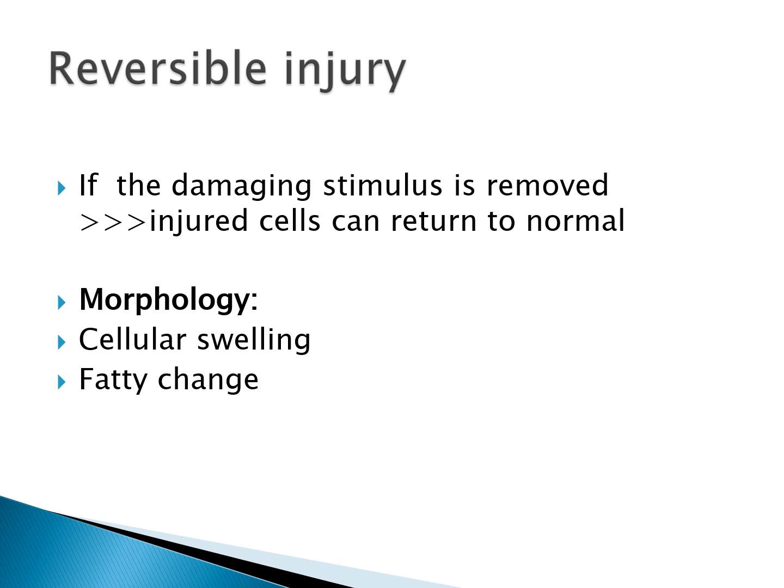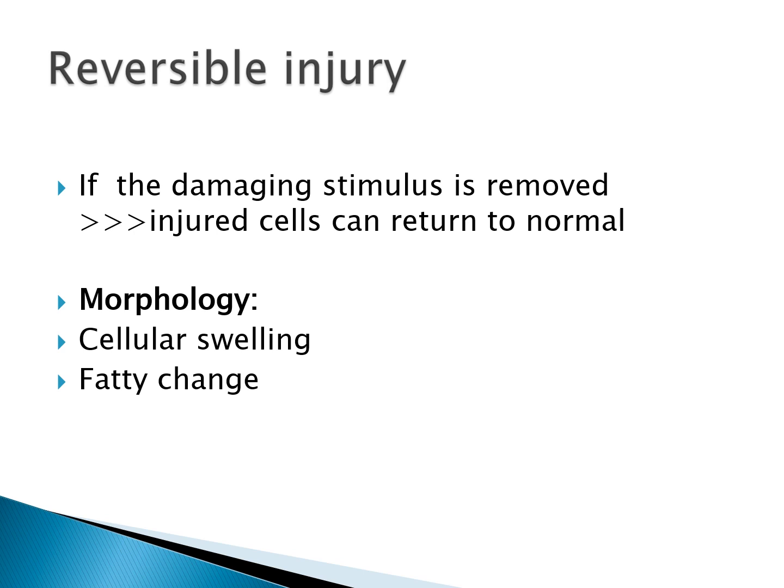Now let's start with reversible cell injury. From its name, if the damaging stimulus is removed, the injured cells can return back to normal. The most important thing you saw in the previous picture is that the plasma membrane is still intact and the organelles are swollen but they are still there, they are not ruptured, they are not damaged, and the nucleus is altered in a very minimal way.